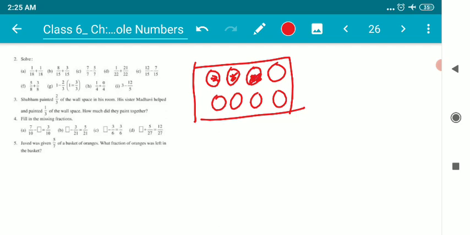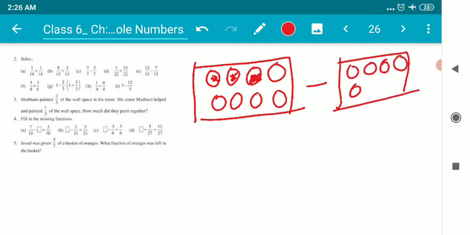From here I'll subtract. A box contains an equal number of balls, in which 2 balls are shaded. No actual fractions are given. What we need to do is find the subtraction of these.